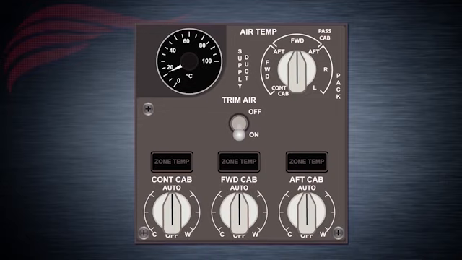If the selector is rotated towards C or W, which are cool and warm respectively, manual temperature control is engaged. Off: the flight deck trim air valve is closed, and the temperature controls produce air to supply a 24 degrees Celsius demand. Trim air will soon be discussed in this lesson.